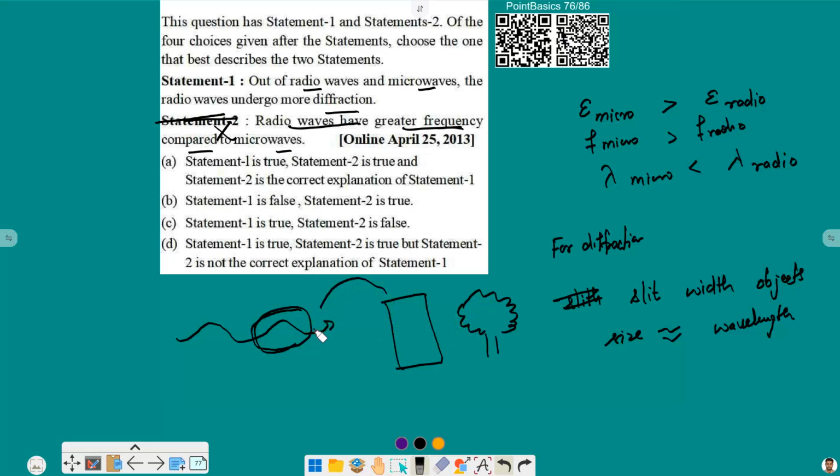That's why these waves can easily bend around the buildings and trees and give us reception of AM and FM signals even inside the building, even below the tree. So statement 1 will be right and statement 2 will be wrong here. So yeah, that is option C. 1 is true, second is false.